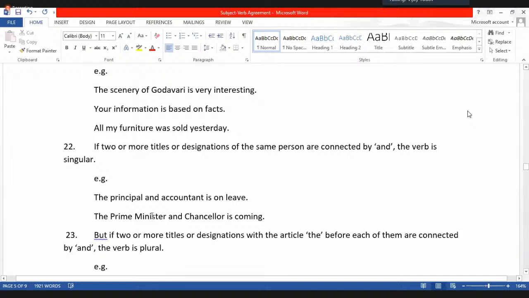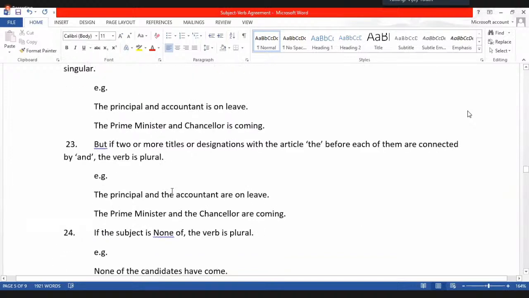Likewise, the prime minister and chancellor is coming. Isn't it? Same thing, same person prime minister, same person chancellor. But if you write the prime minister and the chancellor, then you have to write are coming. So this you can find in 23. The principal and the accountant are on leave, and the prime minister and the chancellor are coming.